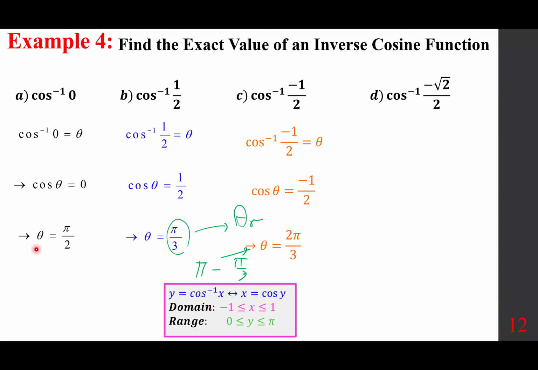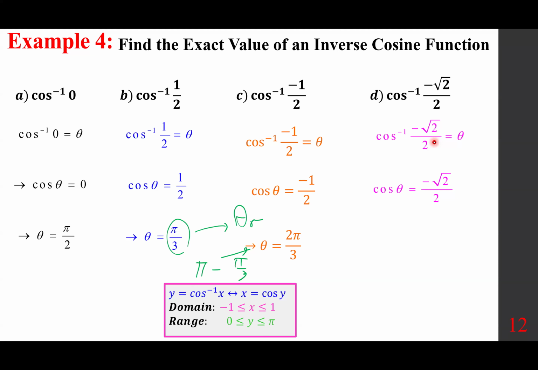The last one, also set it equal to theta. By definition, cosine of theta must be negative square root of 2 over 2. Just to make sure we understand, if you go with square root of 2 over 2, remember that cosine of theta equals square root of 2 over 2 is pi over 4. We should know that.